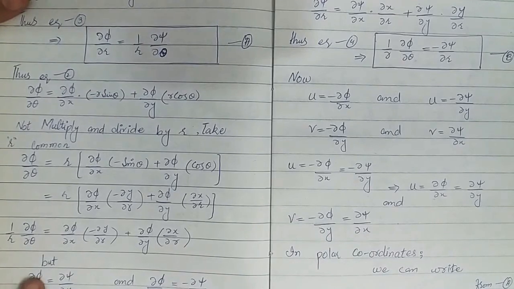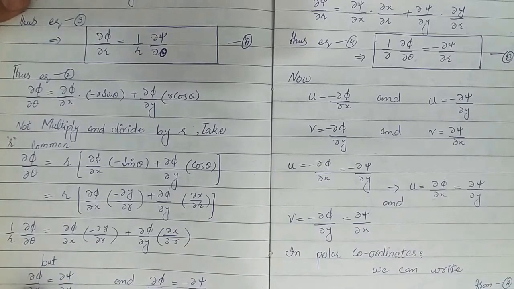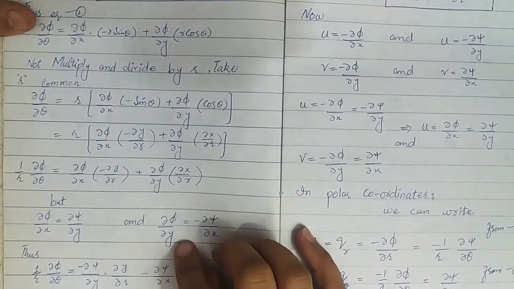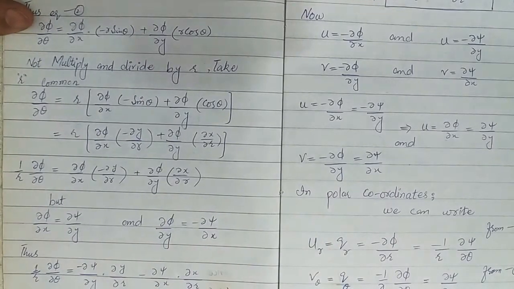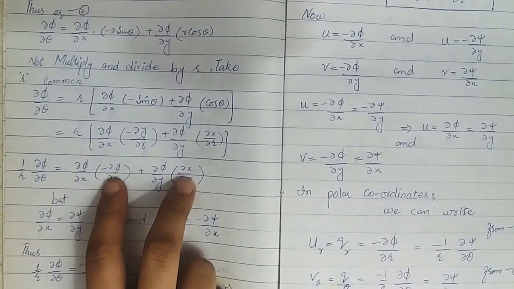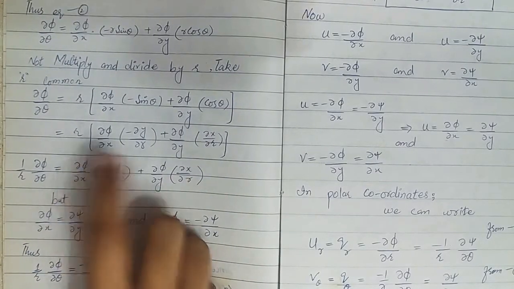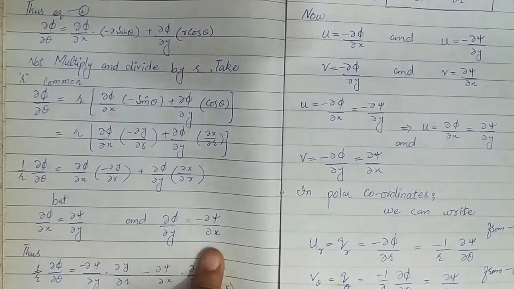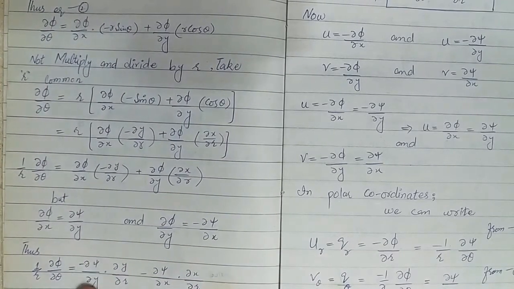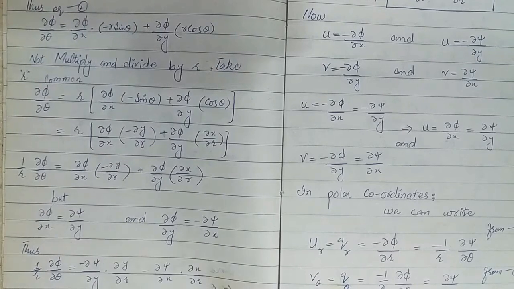And we know the partial derivative of phi with respect to x is equal to the partial derivative of psi with respect to y, and the partial derivative of phi with respect to y is equal to negative of partial psi by partial x. We will put these two values into this equation. We will replace the phi function with the psi function, and we will get phi in terms of psi. Taking negative common, we get equation 4.